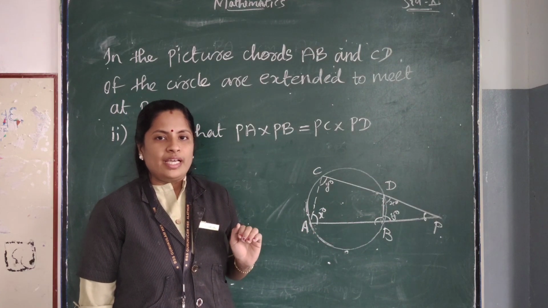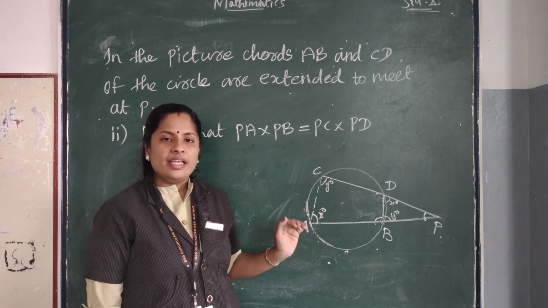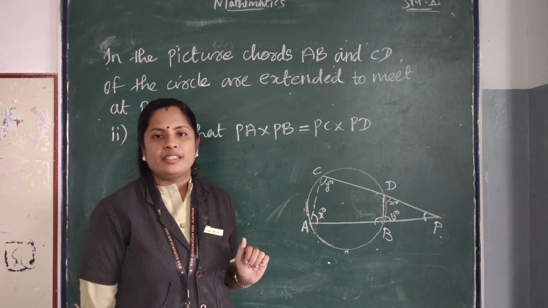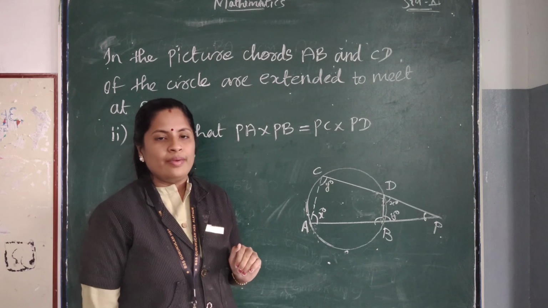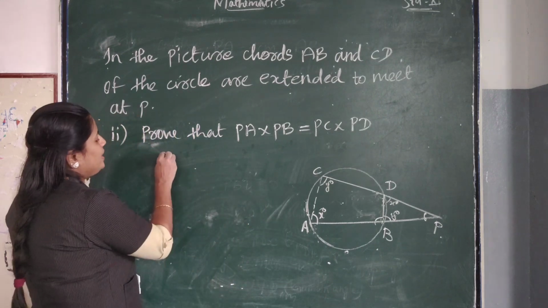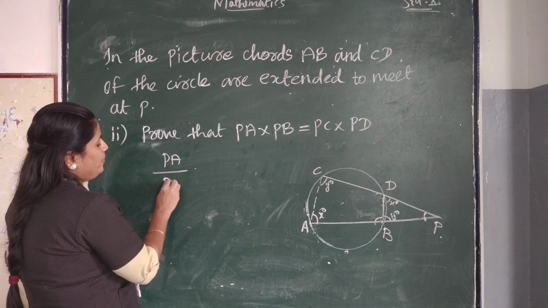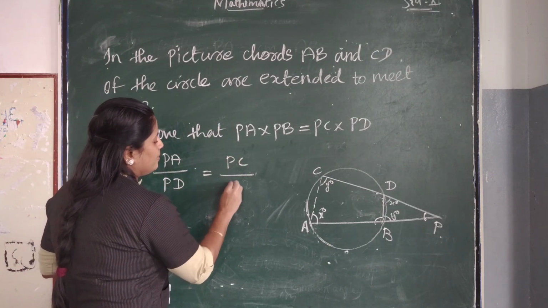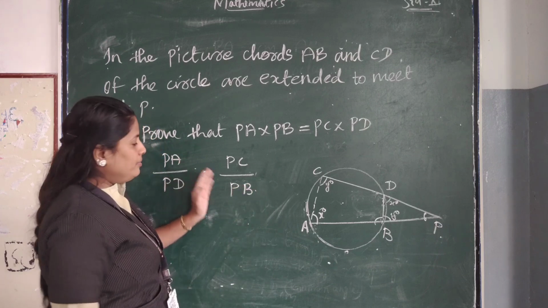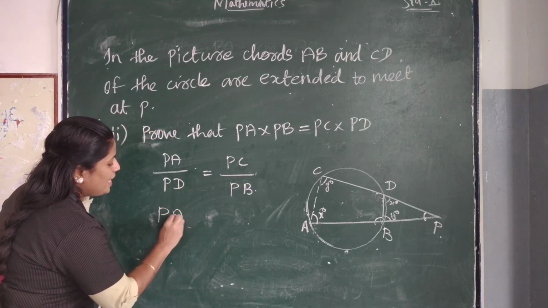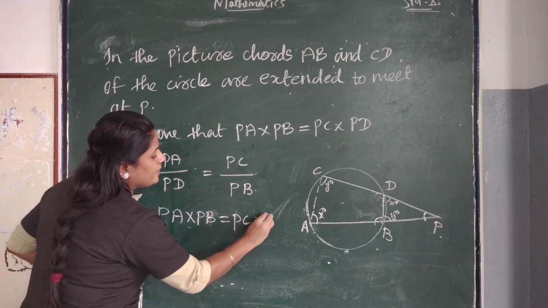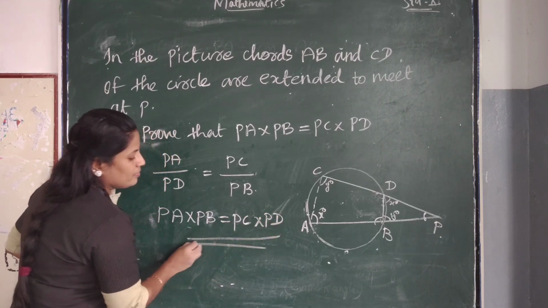In similar triangles, the sides opposite equal angles are in proportion. So we can write PA by PC equal to PD by PB, so PA into PB equal to PC into PD.